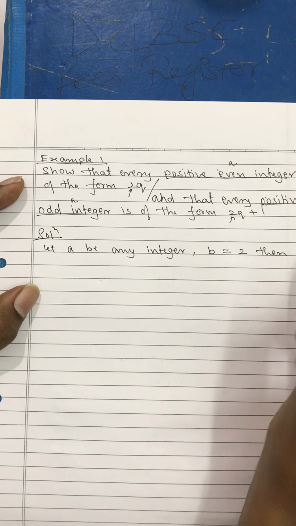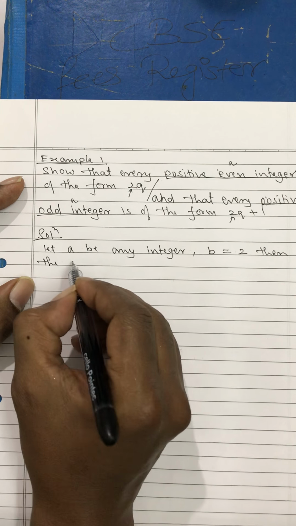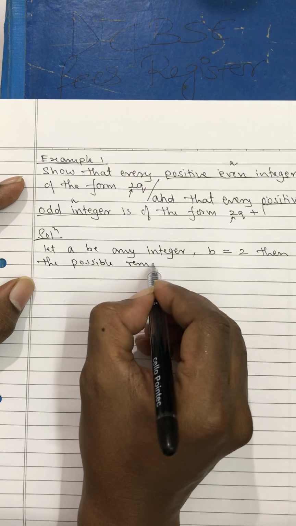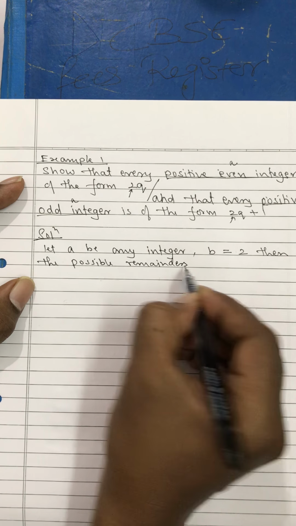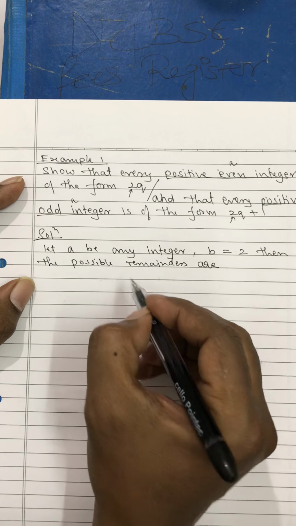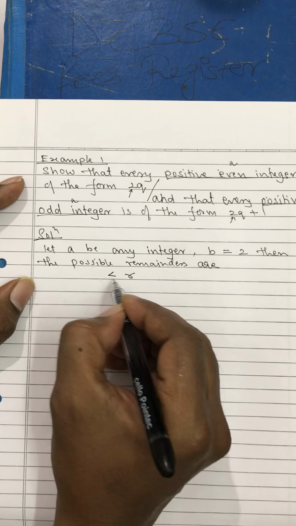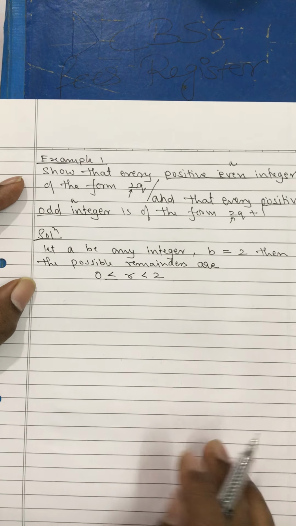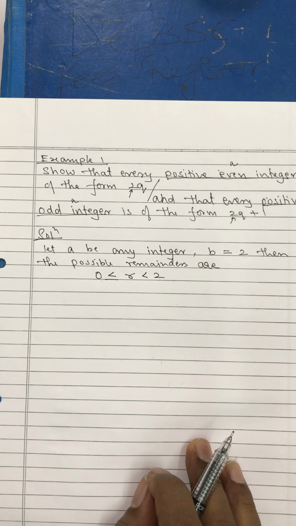Then the possible remainders r can be greater than or equal to 0 and less than 2, meaning only the values of 0 and 1.